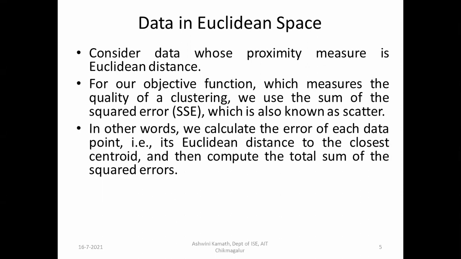In other words, we calculate the error of each data point, that is, its Euclidean distance to the closest centroid, and then compute the total sum of the squared errors. We are going to find the Euclidean distance between each point and the centroid, for the points which are nearer to the centroid.